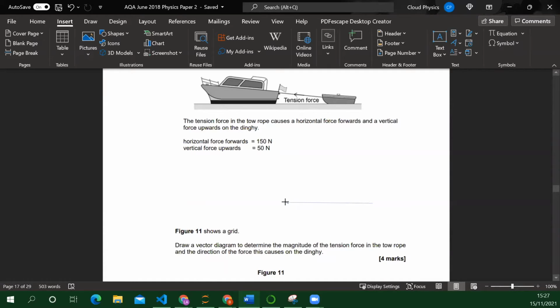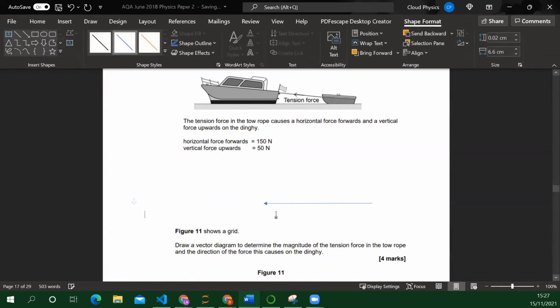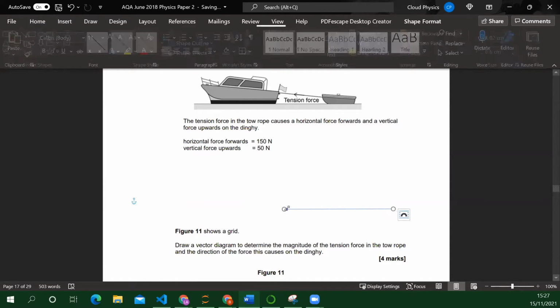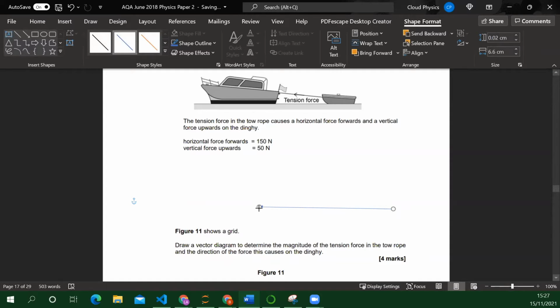So you've got to draw it to scale. So for example, you draw 15 centimeters long. Example, I'm going to make it a little bit longer. Okay.